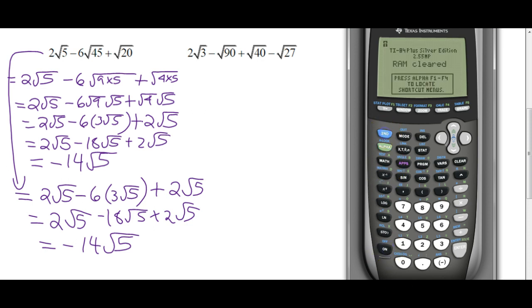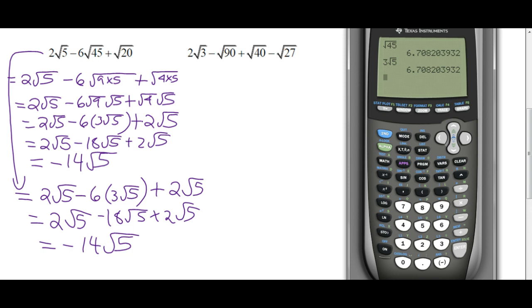You go root 45, which I think is the same as 3 root 5. Enter. And it can't possibly take you as long as it took me because you have the keys right in front of you, right? You're just punching them. If you get the same answer, then you know the root 45 is 3 root 5.